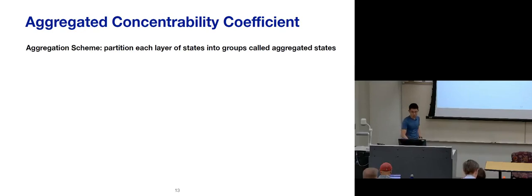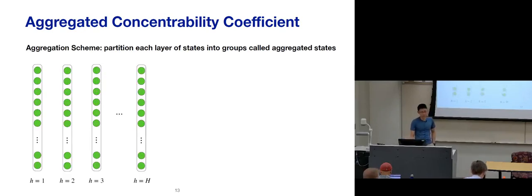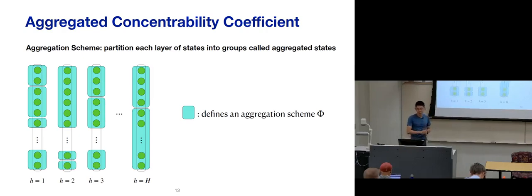We first define the aggregation scheme. Suppose there's an MDP with H layers. We group the states within each layer into some groups. Each group is what we call an aggregated state. This method of partitioning each layer into several groups is defined to be an aggregation scheme phi.